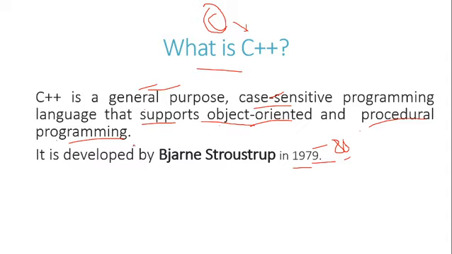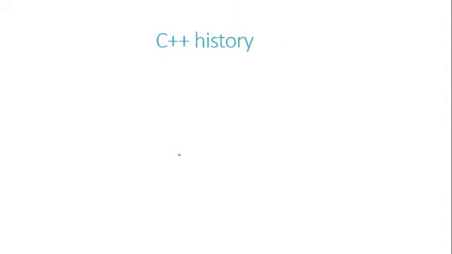So in a simple line, how do you define this? You can say that C++ is a general purpose, case sensitive programming language that supports object oriented and procedural programming. It was developed by Bjarne Stroustrup in 1979.